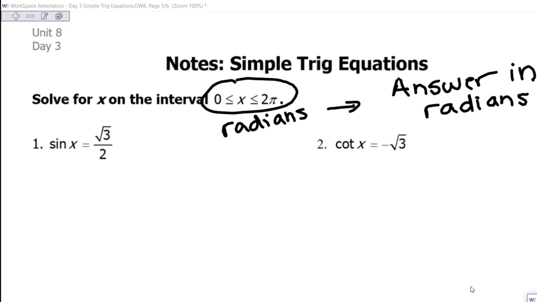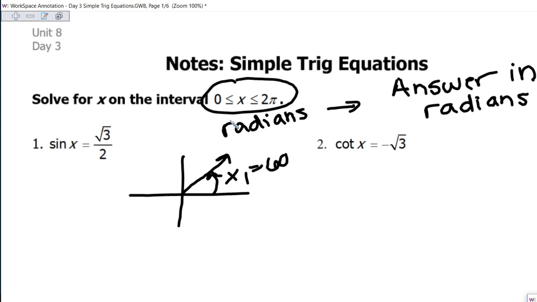And what's the reference angle that has a sine value of square root of 3 over 2? 60 degrees, also known as pi over 3. Now, let me just make a little diagram over here. So I know 60 degrees is going to be right here. So here is my first angle, angle 1, and we know that's going to be a 60-degree angle.